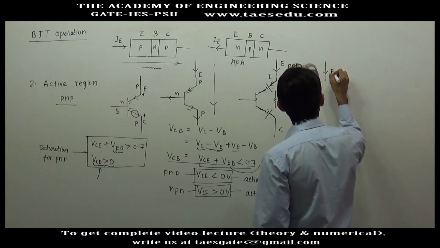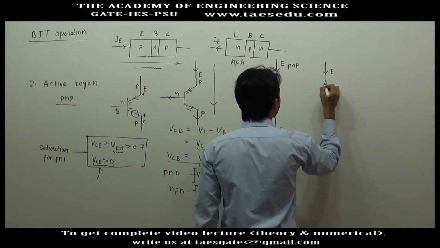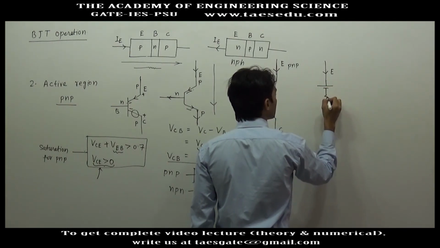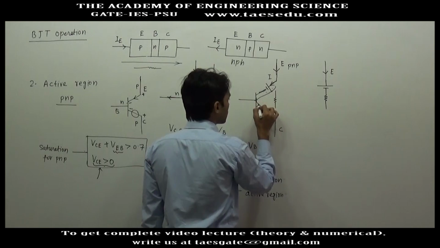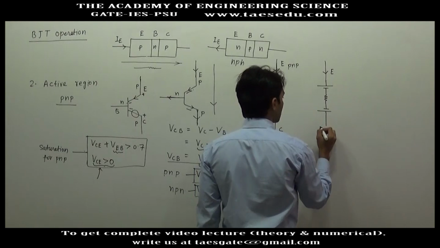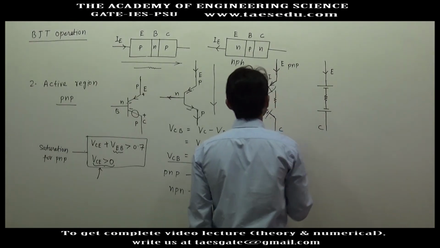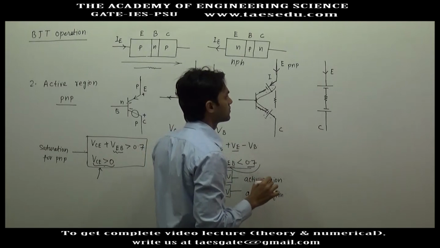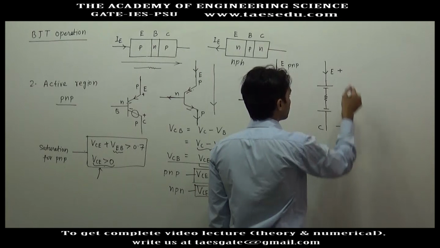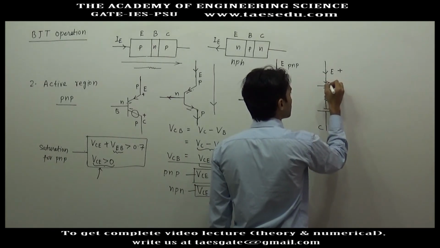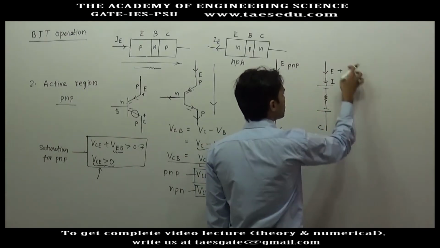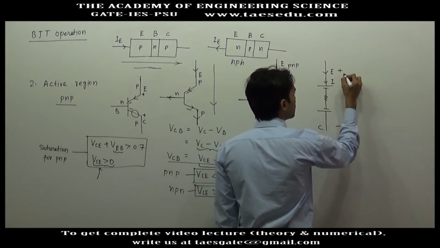Starting from E, there is this voltage 0.7 volt, then resistance, then the first negative is coming, emitter, this is collector. Assuming base current is negligible, let's say this is positive, this is negative. Now if you apply KVL, let's say current I is flowing here. So moving from C to E, what will be the name of this voltage?